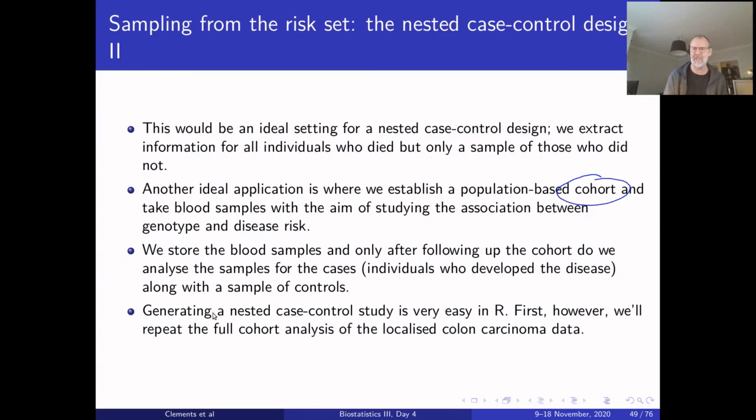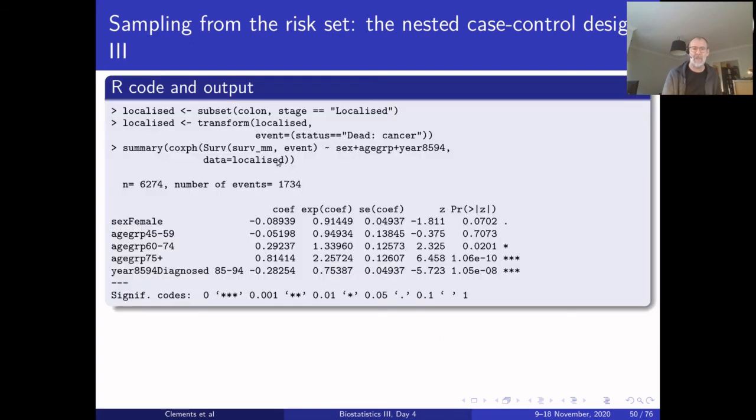Generating a nested case control study is straightforward in R. But first we'll repeat the full cohort analysis of the localized colon carcinoma data, and then we'll show an example using the nested case control.